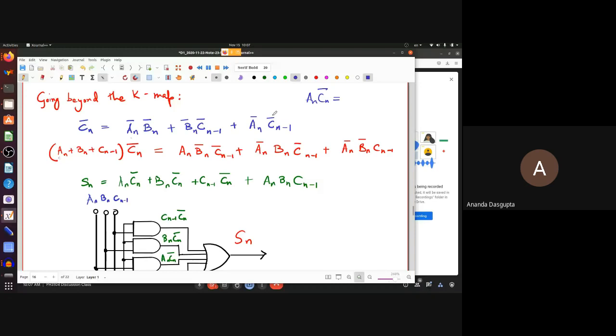And the only term which survives is this term, An, Bn, Cn bar minus 1. Very similarly, you can check if you take Bn and Cn bar, this term goes away, this term goes away, you are only left with this. And if you take Cn minus 1 with Cn bar, then these two terms go, left with An bar, Bn bar, Cn minus 1. Just exactly the expression that is written there.